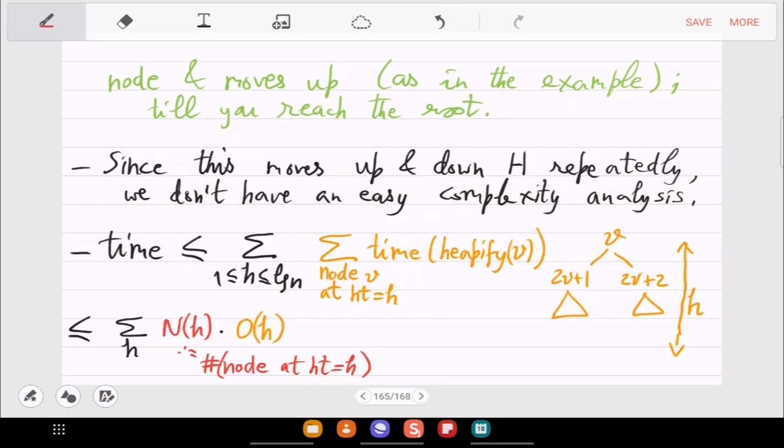So you multiply it by the number of nodes, that is nh. Fine till here? So after this, it is easy, because now all you have to do is put the expression for nh. So what is nh?